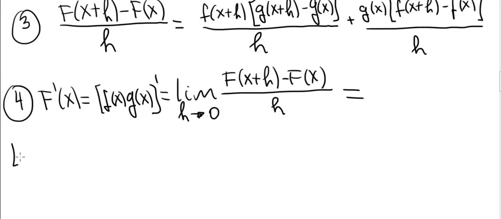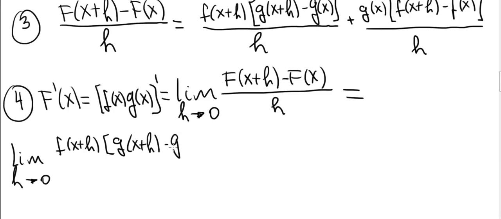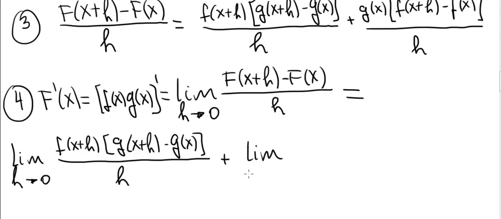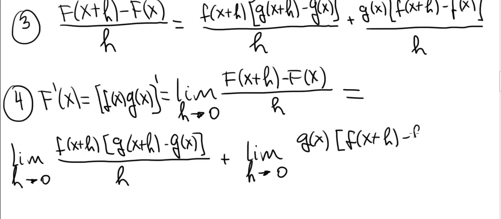The first limit is the limit as h approaches 0 of f of x plus h times g of x plus h minus g of x, all over h, plus the limit as h approaches 0 of g of x times f of x plus h minus f of x, all over h.